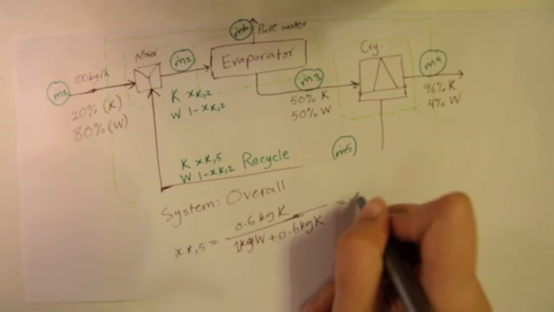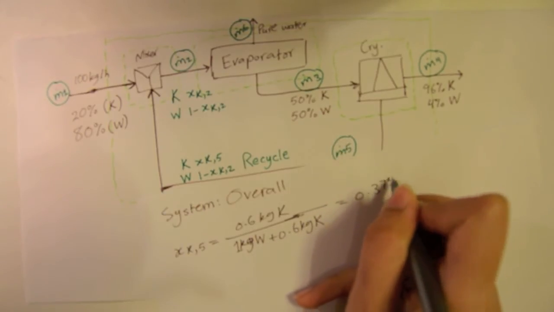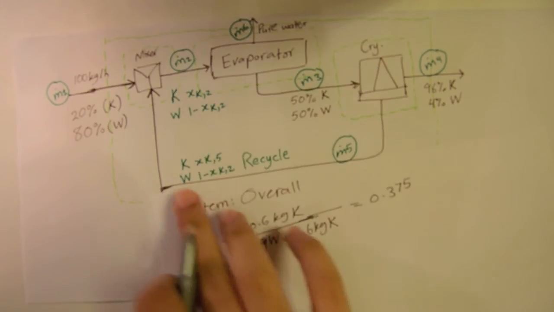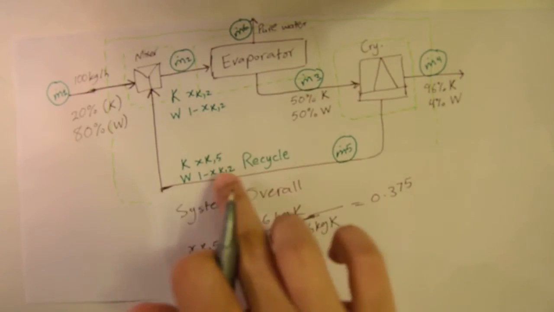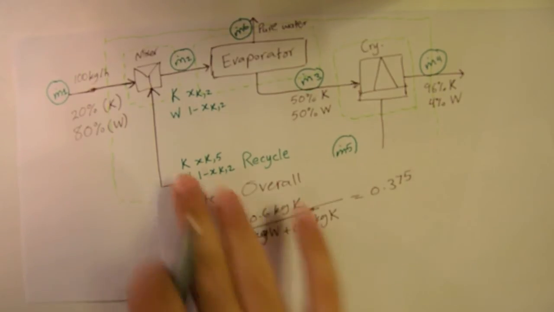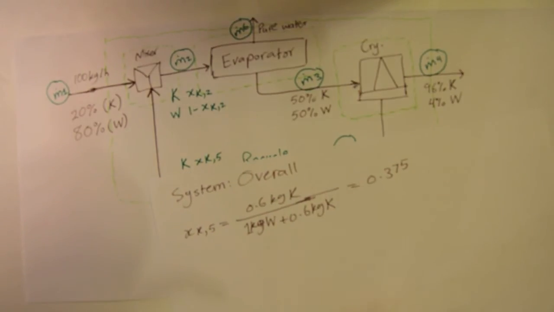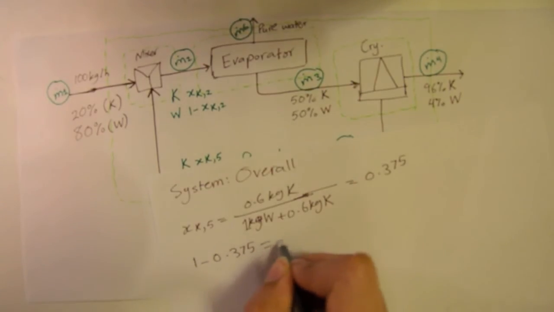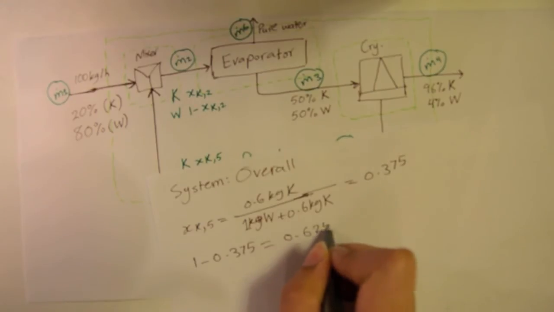So it's equal to 0.375. And from this number we can find W, the composition of the water. So it's 1 minus 0.375, which is 0.625.